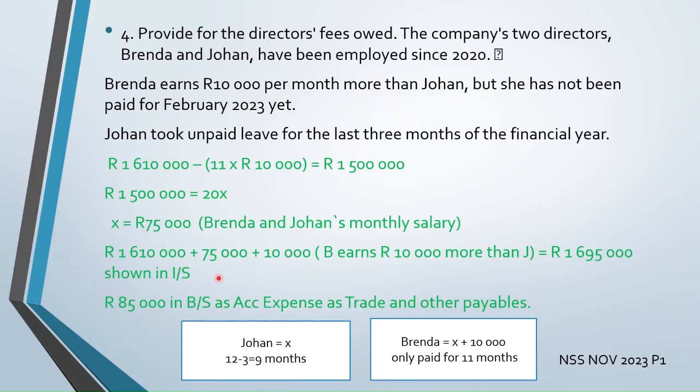Now you're going to take the amount shown in the information plus Brenda's salary that has not yet been paid for February to give us this amount that you're going to show in the income statement. And the 75 plus 10 in the balance statement is going to be shown as an accrued expense under trade and other payables, because you still need to pay Brenda's director's fee.